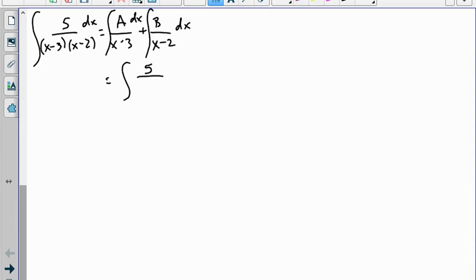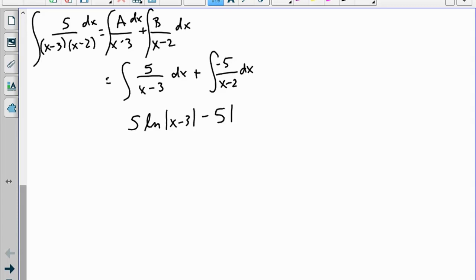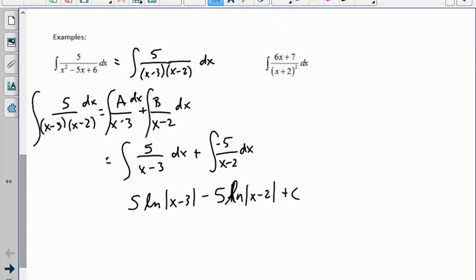A was 5, so I have 5 over x minus 3, and then I have negative 5 over x minus 2. And so now I integrate this. So I have 5 times the natural log of x minus 3 minus 5 natural log of x minus 2 plus C. So that is problem 2.